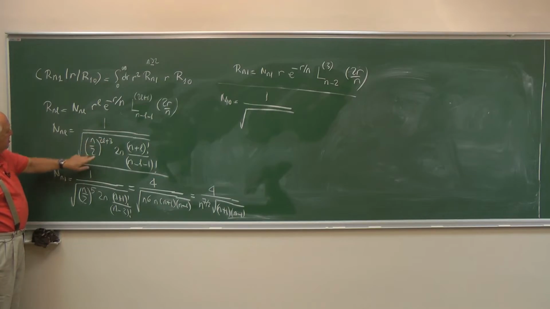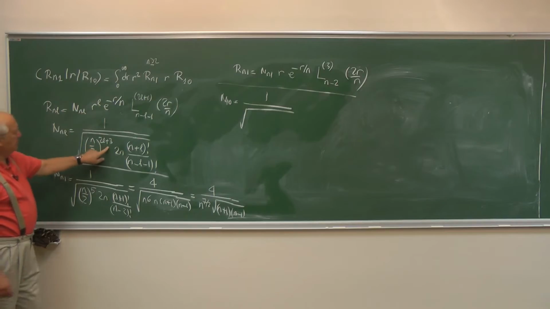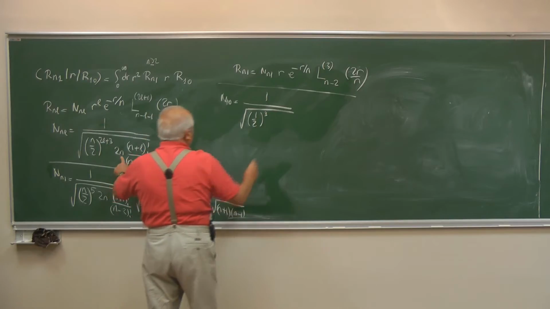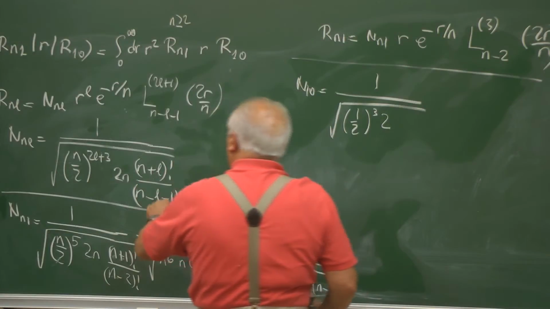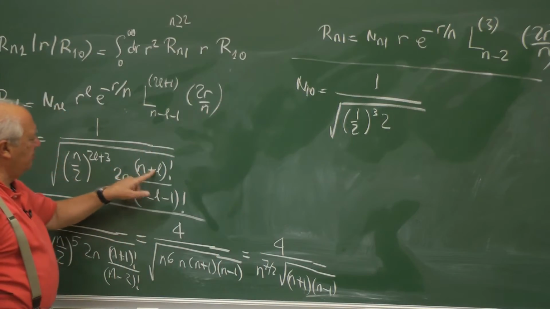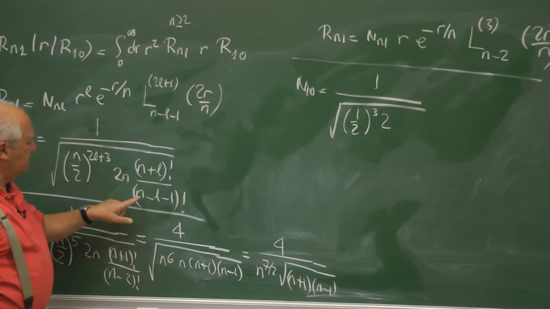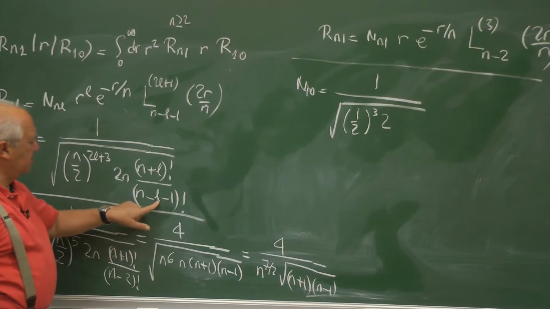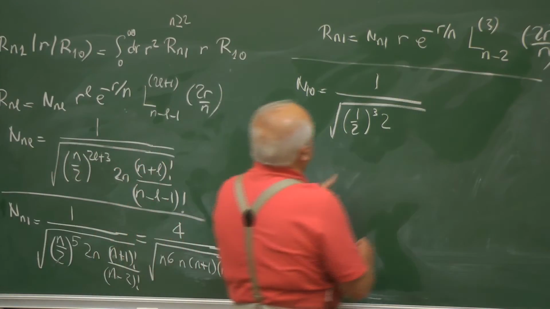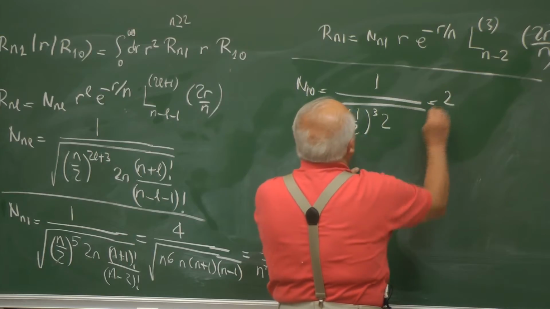So this is 1 over 2 cubed, times 2, n is 1, times 1 plus 0 factorial. 1 factorial is 1. And this is 1 minus 0 minus 1, which is 0 factorial, also 1. So this is simply 2.